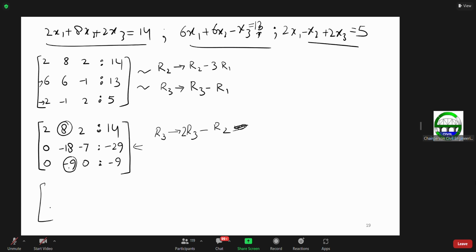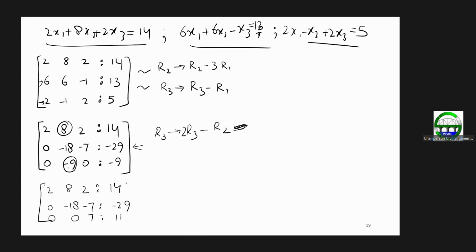Once we apply this rule, it will be 2 8 2 14, then 0 minus 18 and minus 7, minus 29, and then 0 0, and 2R3 minus R2 gives minus 7, plus 7. And finally, 11. Great.